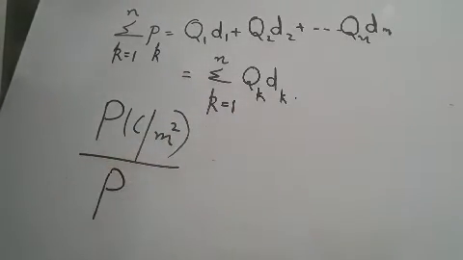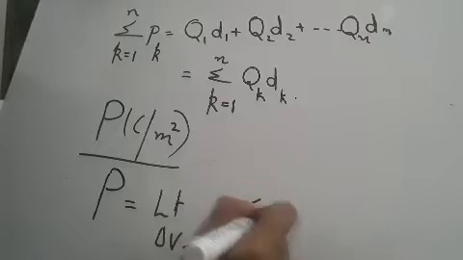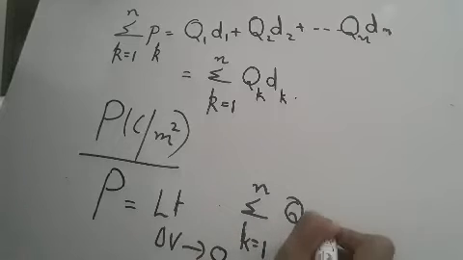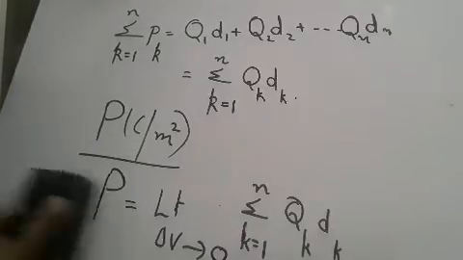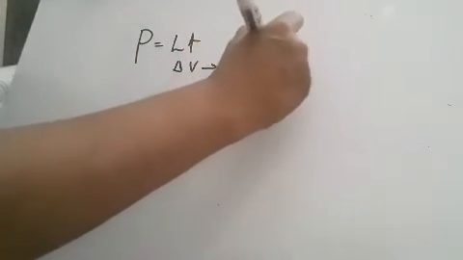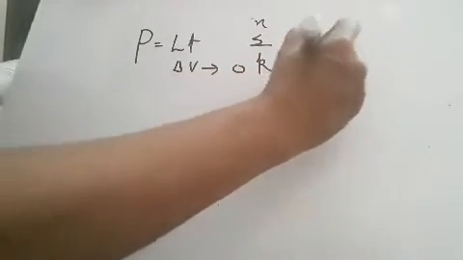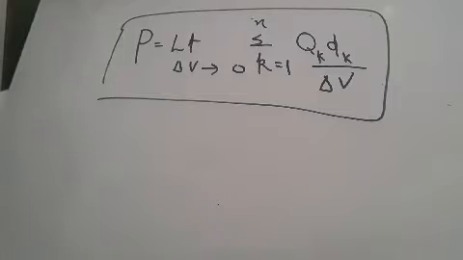I am defining this polarization P as the limit of delta V tending to 0 of the sum over k equal to 1 to n of qk dk by delta V.